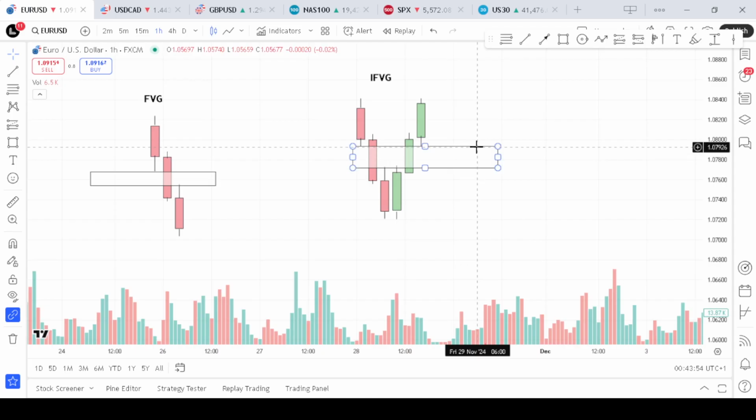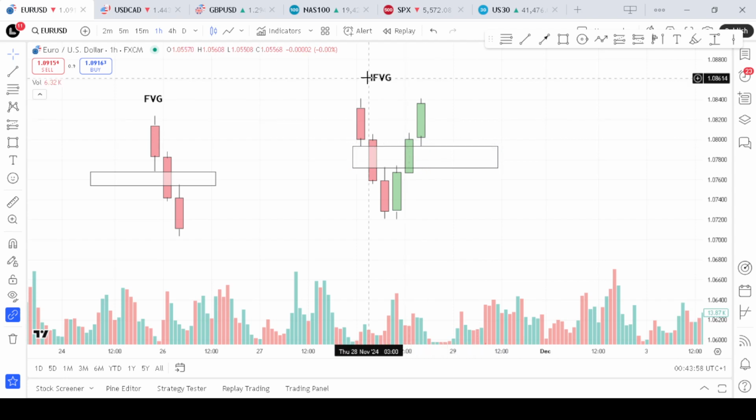Unlike traditional support and resistance levels, the IFVG, that's the inversion fair value gap, provides you with specific price zones where institutional orders might be sitting. So this is a typical example of the IFVG.